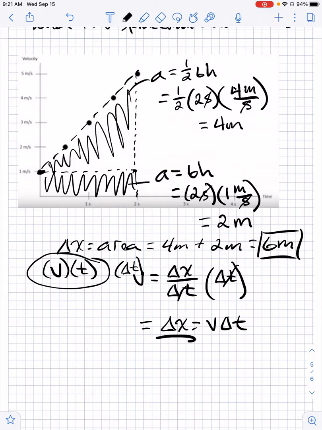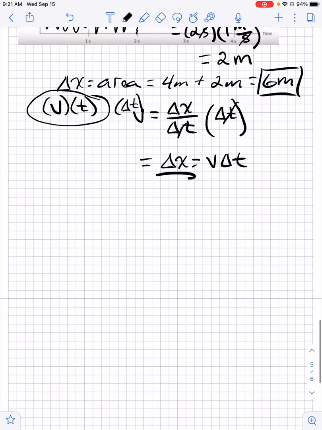So that's another trick we can do with these graphs. We can find the slope of the velocity time graph to find the acceleration, and we can find the area under the curve to find the displacement. Now, one thing that you do need to keep in mind is if, let's say I have a velocity time graph. This is velocity in meters per second, and this is time in seconds.